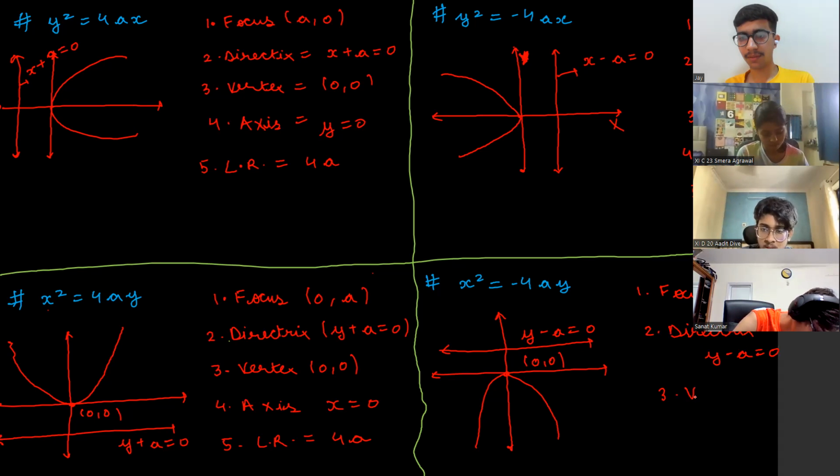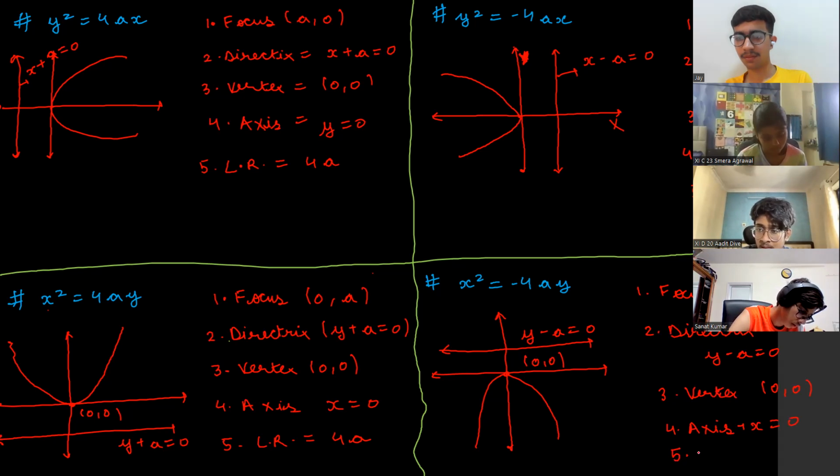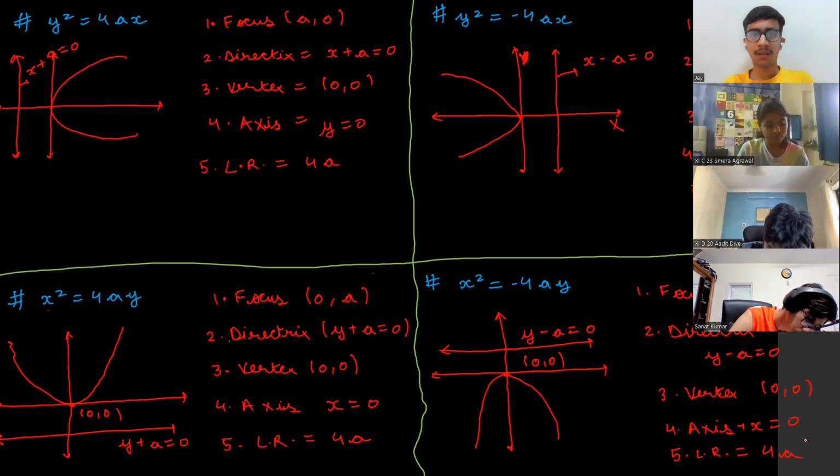What about the vertex? 0 comma 0. Axis is x equals to 0. You all already know everything. Latus rectum is what? 4a. Great. So these are all the 4 parabolas which we have in the chapter.